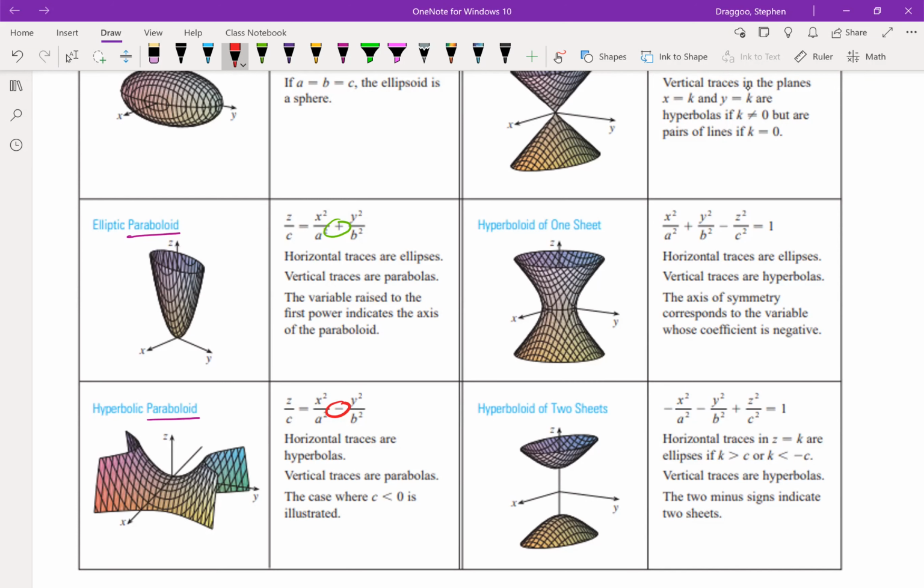Again, we looked at the two different types of hyperboloids, where if we set it equal to 1, a hyperboloid of one sheet will have one negative square term, whereas a hyperboloid of two sheets is going to have two negative square terms. And again, fixing it so that it's equal to positive 1.